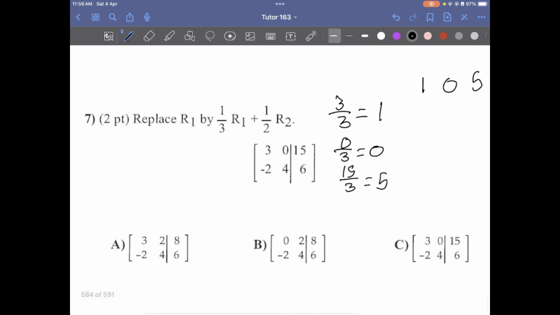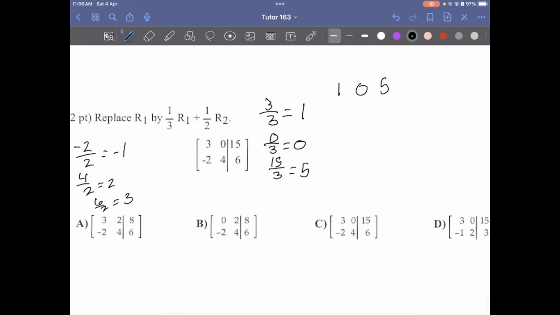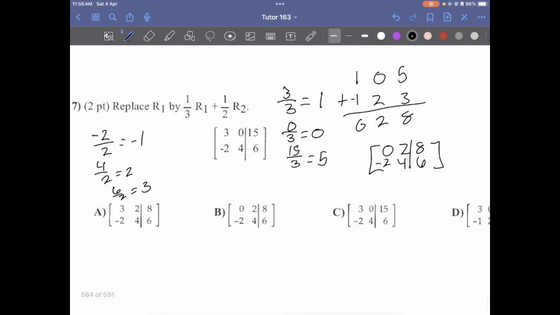So negative 2 divided by 2 is negative 1. 4 divided by 2 is 2. 6 divided by 2 is 3. So we add in negative 1, 2, 3. So you have 0, 2, 8. So our new matrix would be 0, 2, 8, negative 2, 4, 6. Draw a line. And that would be B.